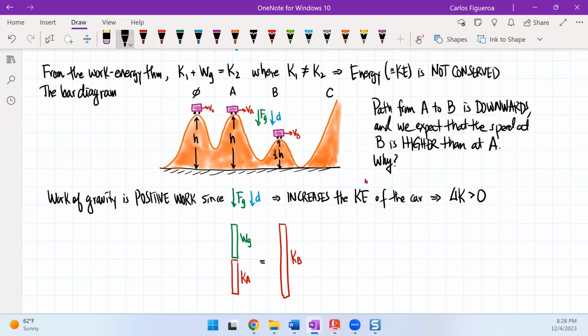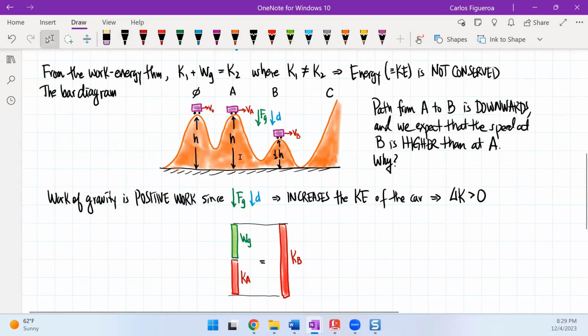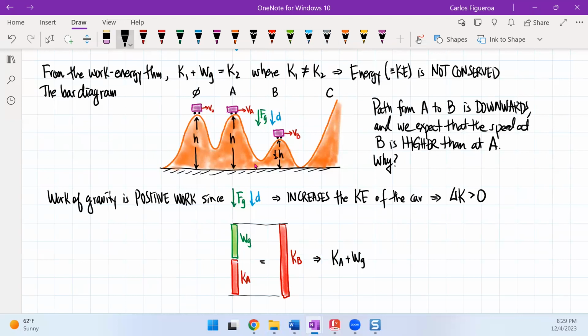These two should be the same quantity according to the work energy theorem. So now we have to start looking at how this looks mathematically. Picture-wise, you can see that the kinetic energy at A plus the work of gravity is going to be KB.